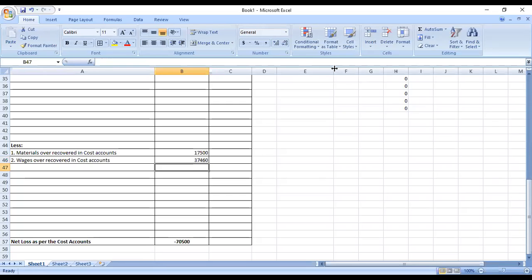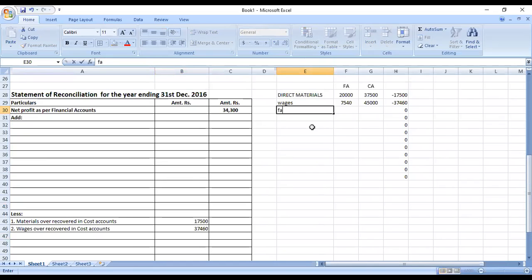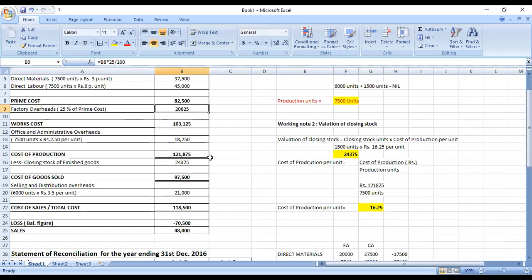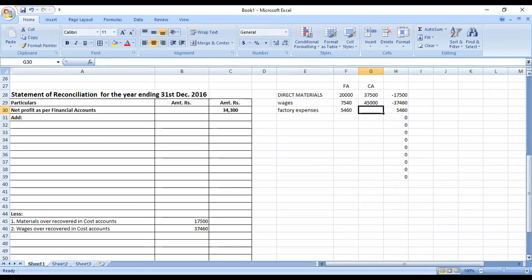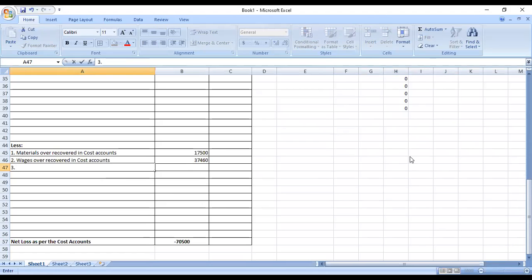Then factory expenses. Now factory expenses, how much, students? See, factory expenses in the profit and loss account, how much is it? 5,460. Now in this case, how much is it in costing, students? See, in costing we find out 20,625. So how much did the difference come? 15,165. So again this is a 15,165 over recovery in third: factory overhead over recovered in cost accounts.